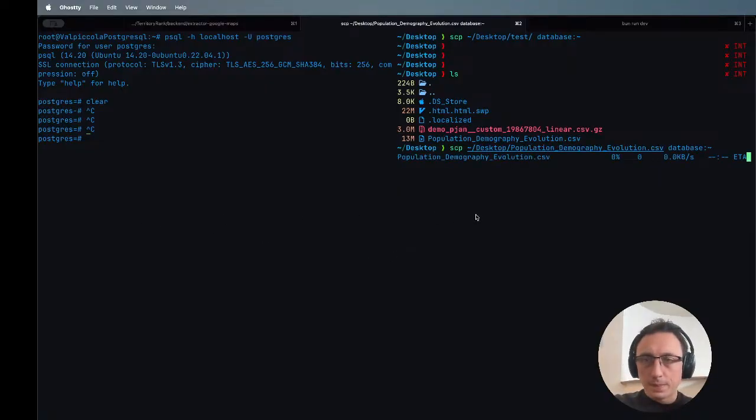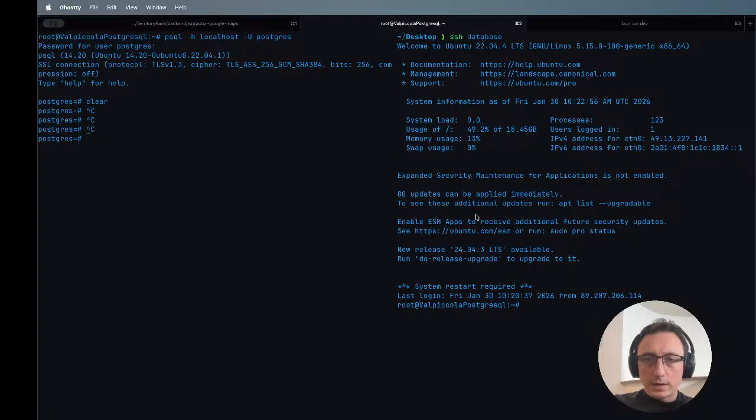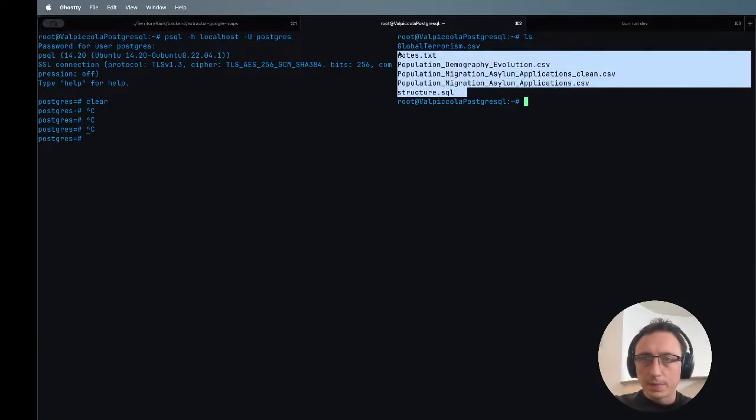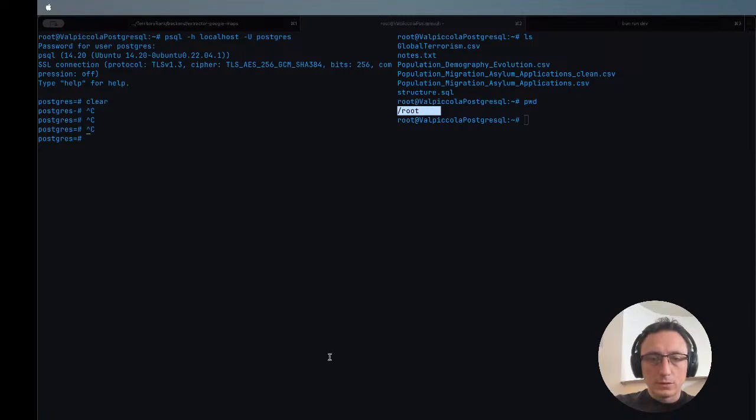Okay. So we are sending the file into the server. As you can see, it's here. So I can tell ChatGPT that the file is here and to create the commands I need to upload the file on the server.